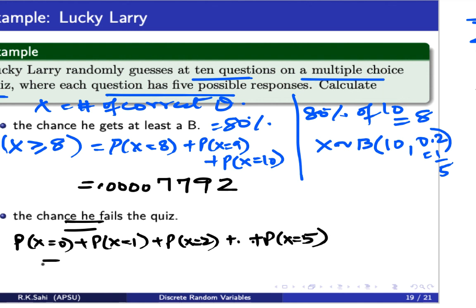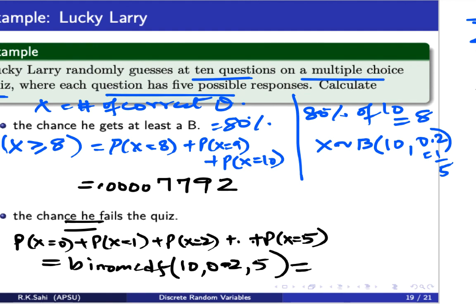In this scenario, it is straightforward binom CDF, because it is all values you have to count. So this is cumulative distribution, CD here. Okay, it's accumulating here. So n is 10, 0.2, and 5.